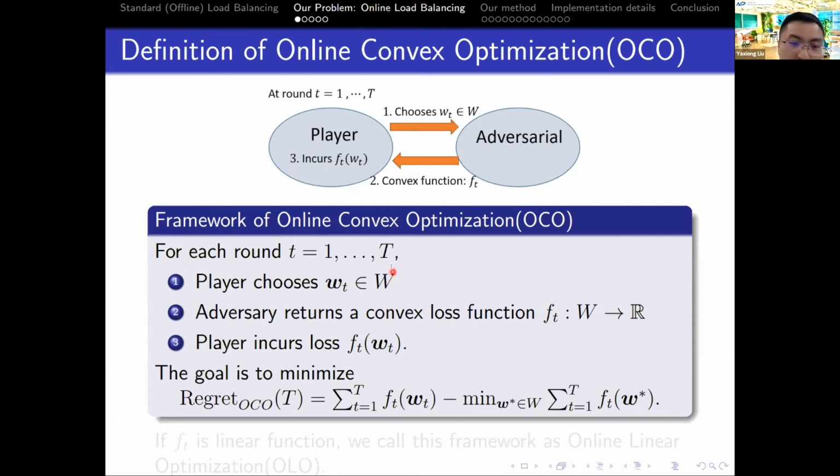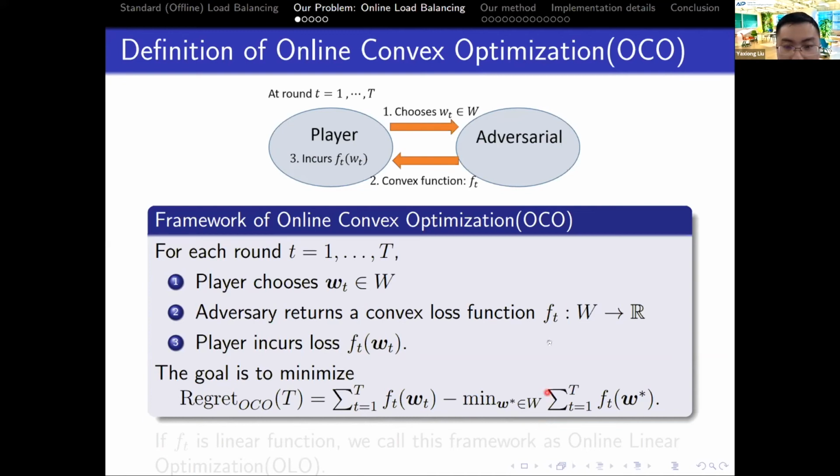Firstly, the player or algorithm chooses w_t in the set W, and then the adversary returns a convex loss function f_t to the player, and then the player incurs the loss f_t at the chosen vector w_t. The goal is to minimize the regret, defined as the difference between the cumulative loss and the optimal choice with global loss vectors.